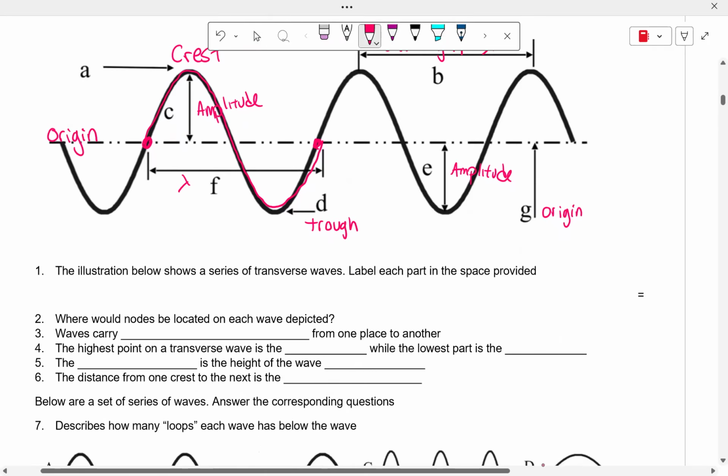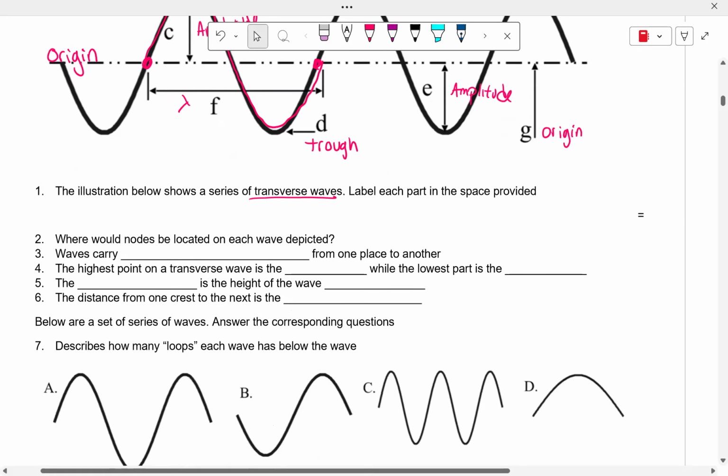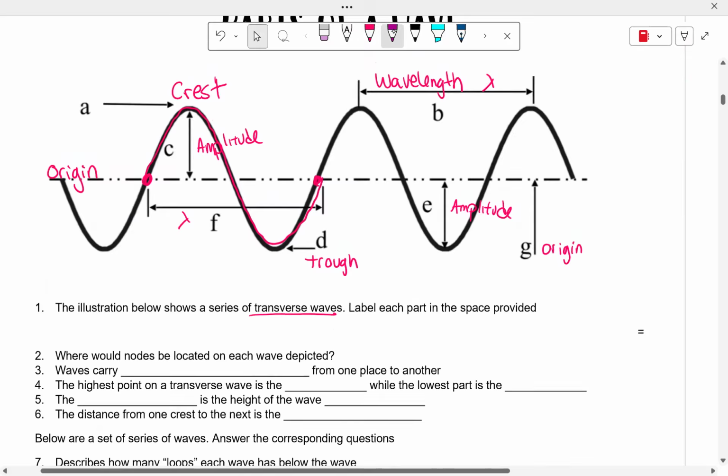This is a transverse wave. You'll talk about other types of waves when you get into physics, but this is the mode of transport of a light wave. If you've taken the correct math at this point, this should be identifiable to you as a sine wave. Nodes are what I've already colored here, where they go through the origin.